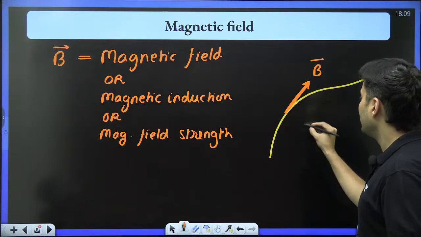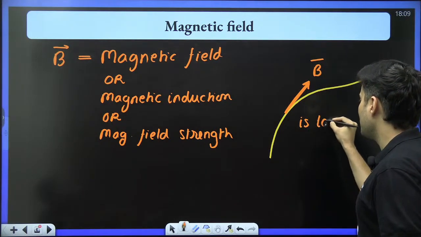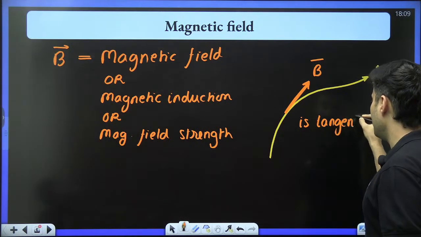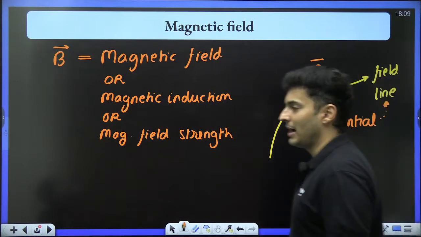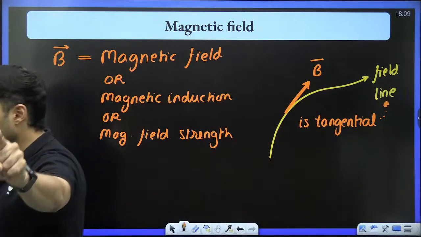So magnetic field is always tangential to the magnetic field line. Agree or disagree? Everyone with me?